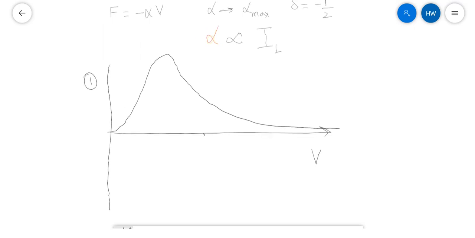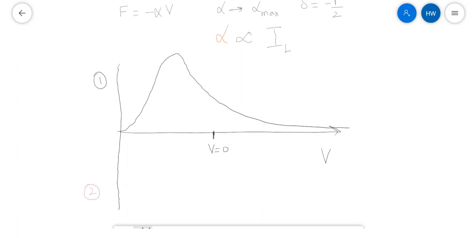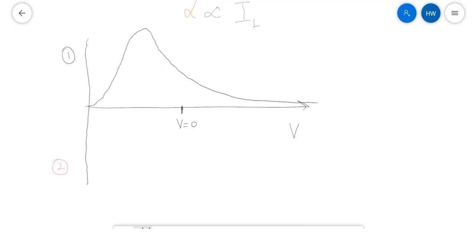By the way, velocity v equal to 0 is here, whereas the laser 2, the one which is counter propagating in that direction, actually peaks symmetrically at a different point, in such a way that my effective force is essentially somewhat like that, right?